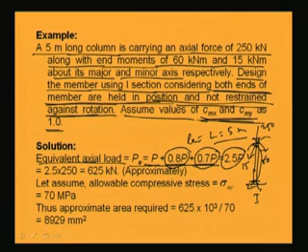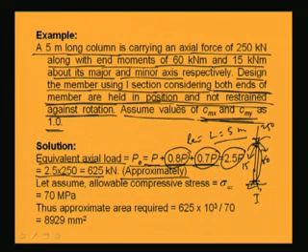So, let us try with this 80% and 70% due to moment in x and y direction. So, total load is coming say 2.5 P, in place of P we are making 2.5 P. Okay. So, equivalent axial load will become, in place of 250, 625 kilonewton.